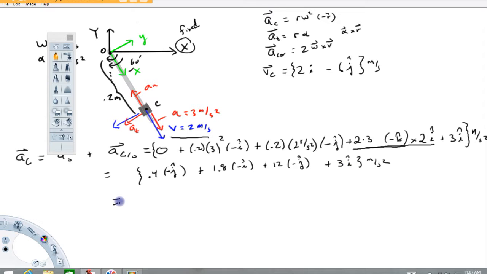If we go ahead and add these up, like terms, we want to take this and add it to this. When we take 3i minus 1.8i, we get 1.2i, and then 12 in the minus j, 0.4 in the minus j, gives 12.4 in the minus j direction.